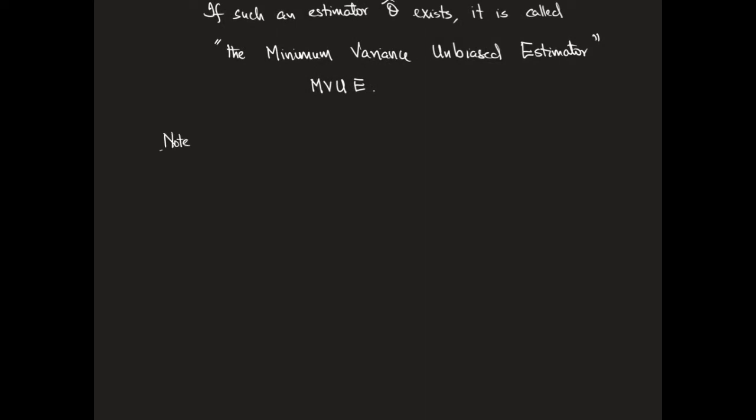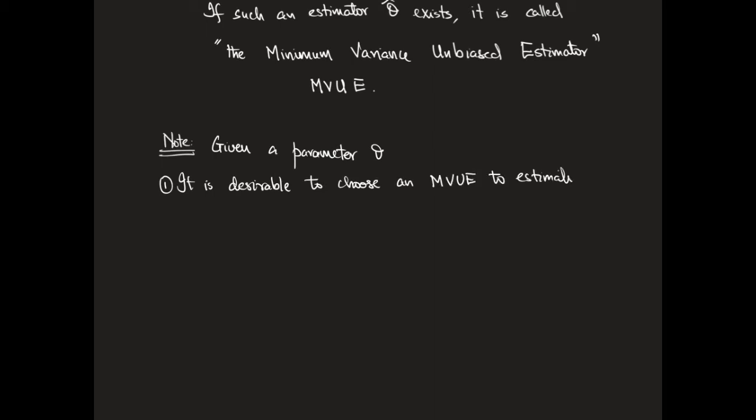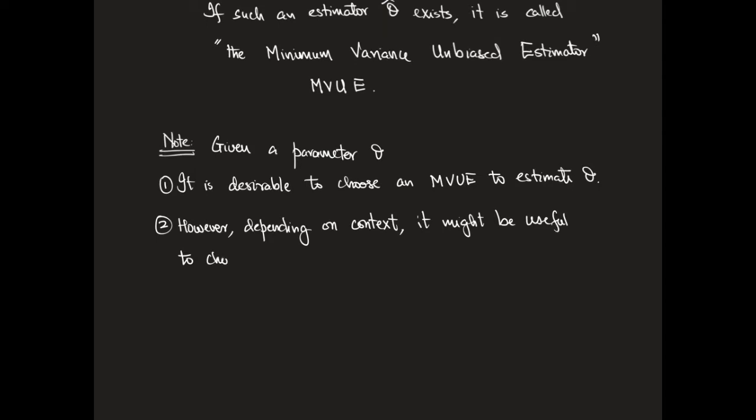We finish up with two important notes. Given a parameter theta for the population, it is usually desirable to choose a minimum variance unbiased estimator to estimate theta. However, depending on the context, it is possible or even useful to choose a biased estimator with a smaller variance. So these are context driven decisions.